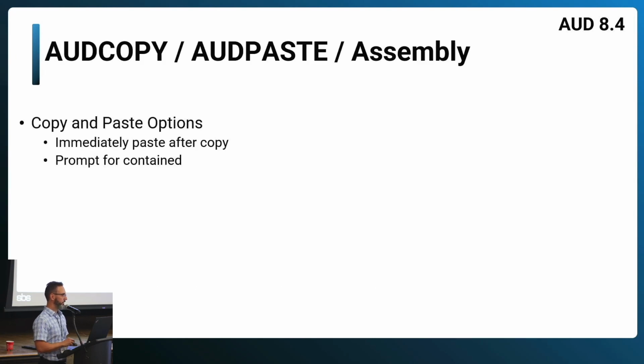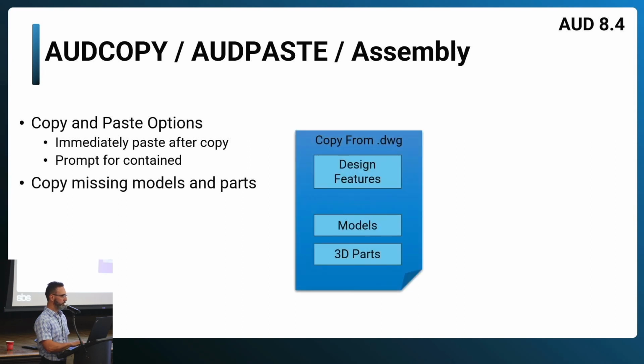So the copy, paste, and assembly functionality have some new options to control the workflow. When you copy paste, you're copying from a source drawing, and it's copying the information about those design features.